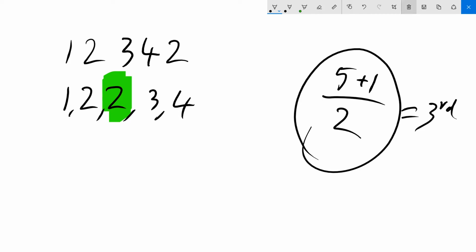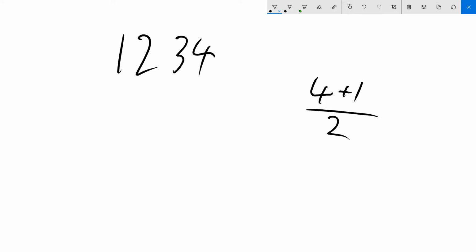So if we had a different data set, 1, 2, 3, and 4 again, and we wanted to find a median, well, we have 4 numbers, 4 plus 1 over 2. So 4 plus 1 is 5, 5 divided by 2, that's 2.5. Alright? But there is no 2.5th number, right? And if it was, it would be there, so clearly we have an issue.